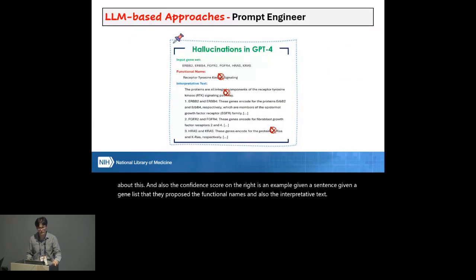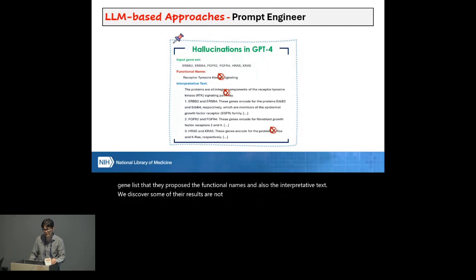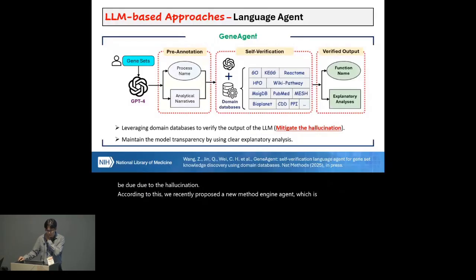However, we discovered some of their results are not aligned with existing domain knowledge. That may be due to hallucination. According to this, we recently proposed a new method named GeneAgent, which is also a large language model-based approach to verify the output and mitigate hallucination.